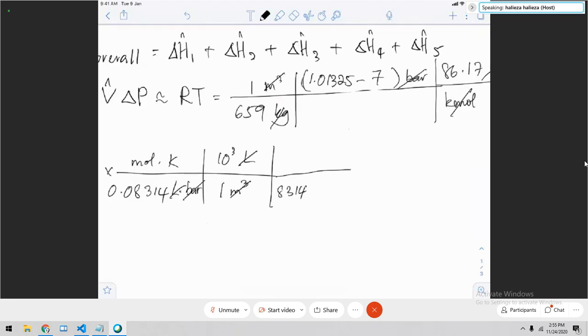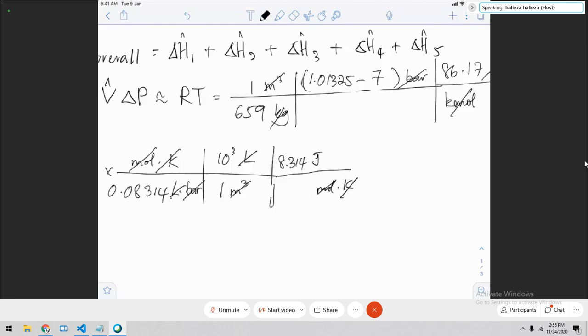It should be at the numerator: joules per mole Kelvin. So I need to erase that. Cancel the mole, cancel the Kelvin.